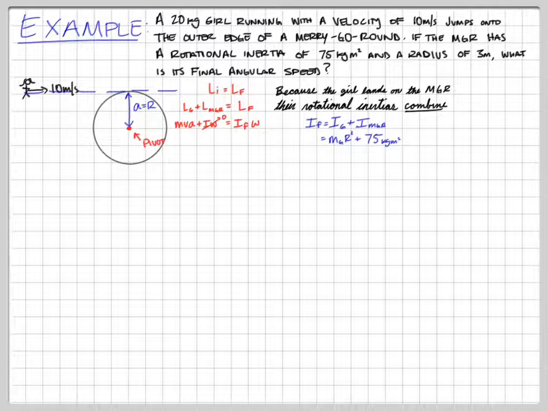So we're going to plug all of the things we now know into the equation and solve for that final angular velocity. So mvr equals that final rotational inertia times omega. Just plug our numbers in.